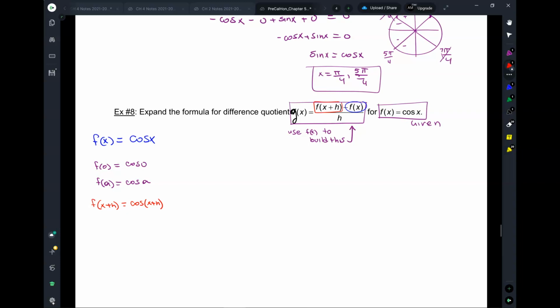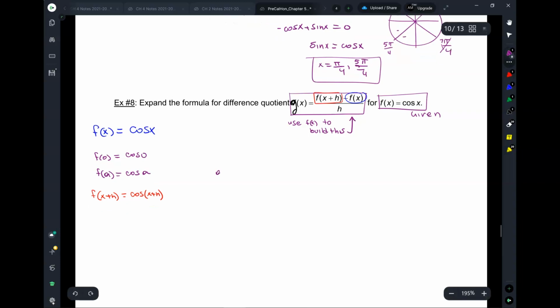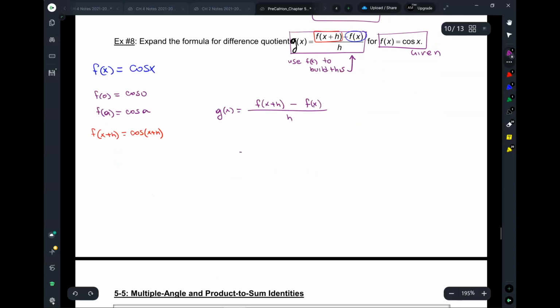Okay? So let's write g of x then. G of x is equal to f of x plus h minus f of x all over h. So this is f of x plus h, we just made that cosine x plus h, minus f of x, we said is cosine x over h.